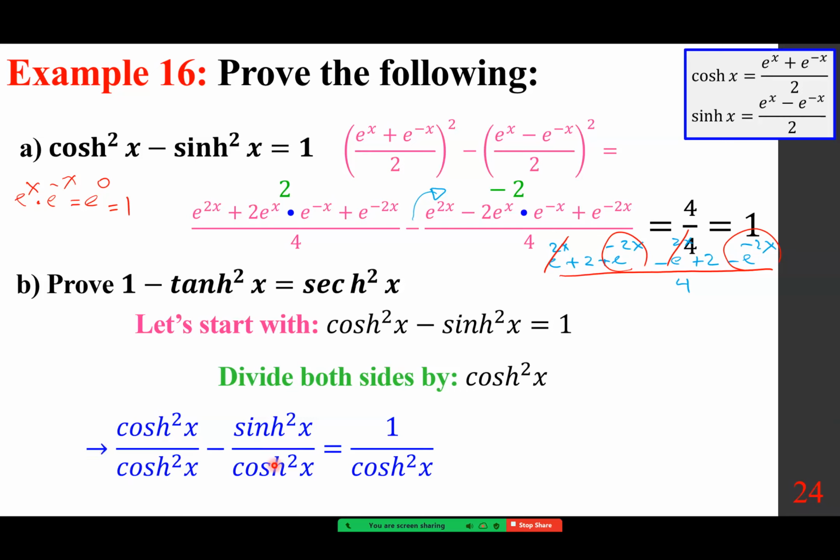Remember, sinh over cosh is hyperbolic tangent, so this is hyperbolic tangent squared. Reciprocal identities: 1 over cosh is hyperbolic secant. So 1 minus hyperbolic tangent squared equals hyperbolic secant squared. So we proved that. It's very straightforward, everybody.